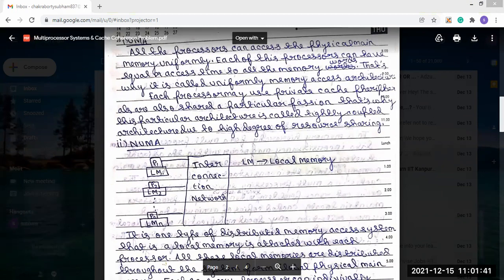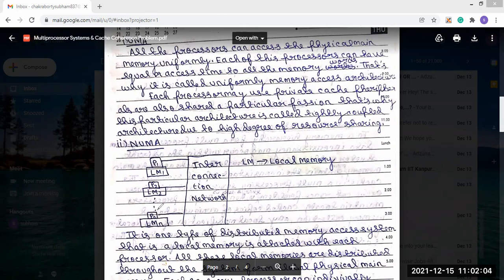P1 has LM1, P2 has LM2, and Pn has its own local memory, LMn.